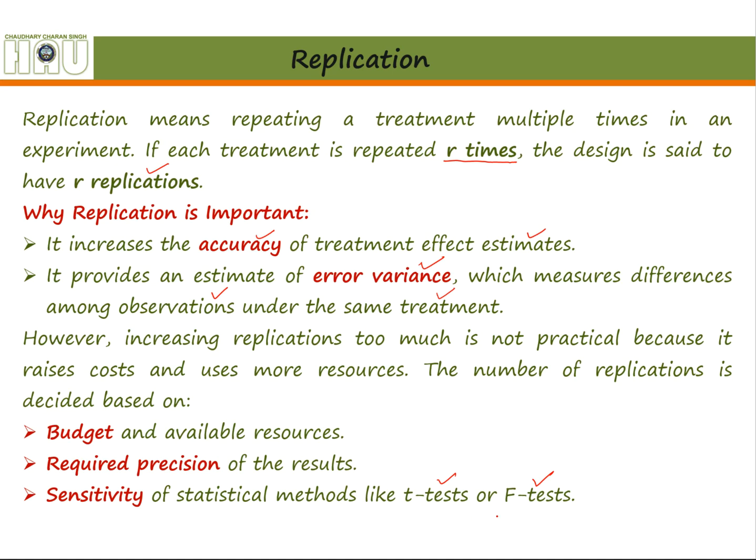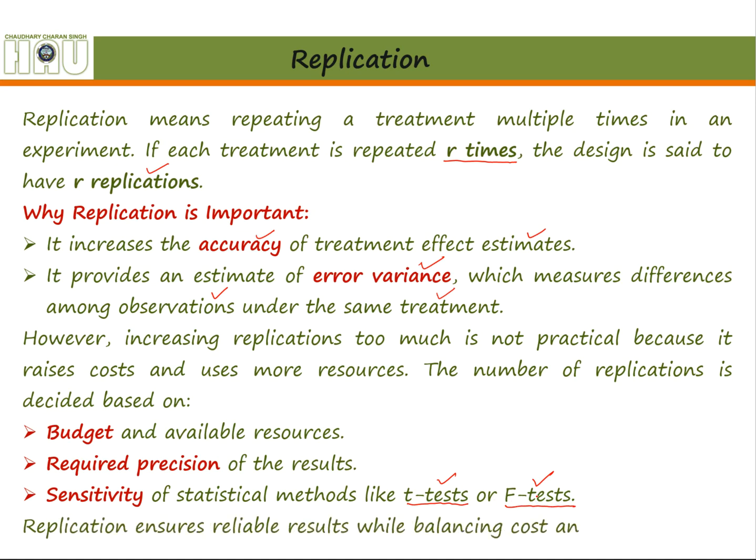That's why these two tests, which are generally used in experimental designs, are very sensitive to a small number of degrees of freedom. Then replication ensures reliable results, keeping a balance between the cost and precision.